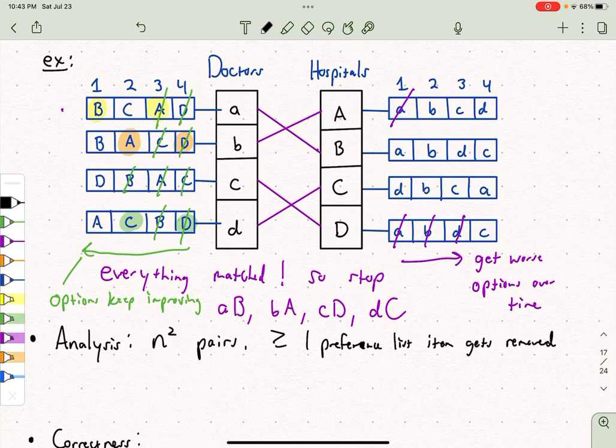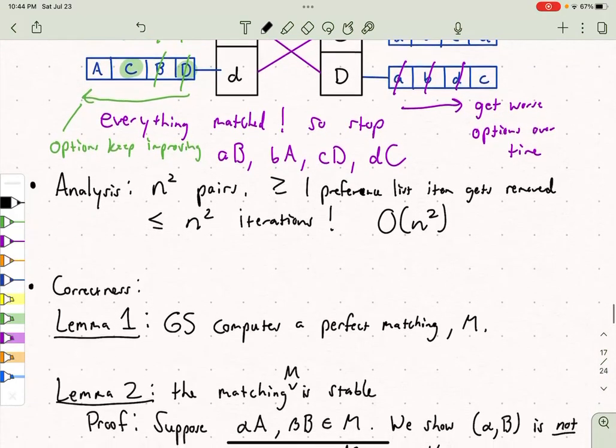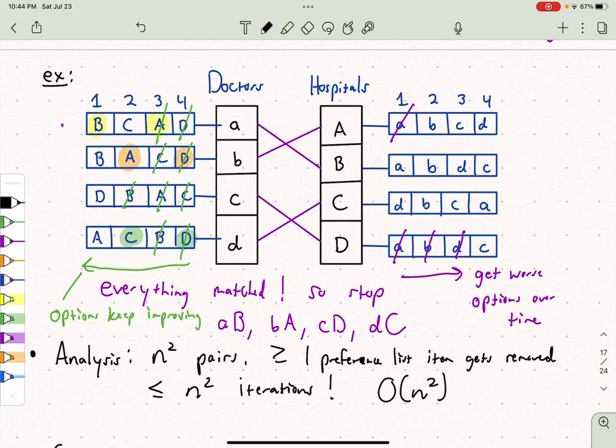And so we remove one pair from consideration each time. And so in total, we'll do this at most n squared times. So overall, it's O of n squared total. Okay, so we know it's pretty efficient. O of n squared isn't bad, and this just comes from the fact that we basically try all possible pairs.